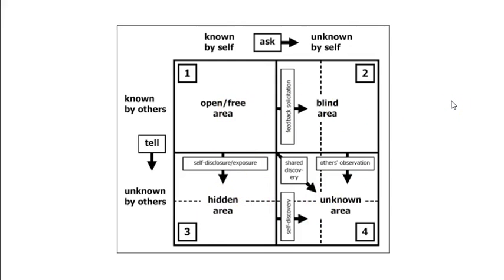So essentially, through the provision of feedback and through self-disclosure, we move things out of different areas in the Johari window and into other panes. I think that can be an incredibly useful thing to keep in mind as you try to navigate the Johari window.